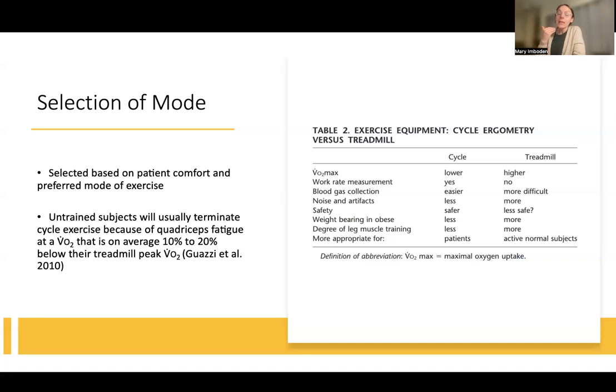So in individuals that are not trained on a cycle, so they're not exercising and using a cycle ergometer regularly, they're going to typically perform 10 to 20% lower in their VO2 on a cycle than if they were to perform the test on a treadmill.